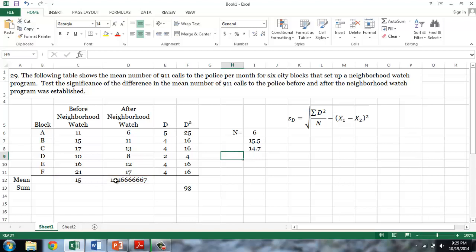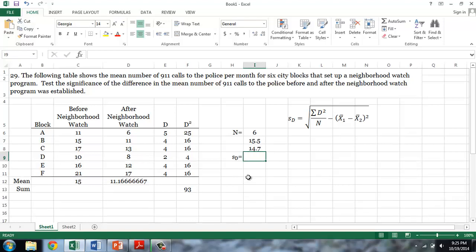Now I can calculate the standard deviation of the differences in means. This is equal to the square root, or SQRT, open parentheses, of our first term, the sum of the differences squared over n, minus our second term, which is the differences in means squared.